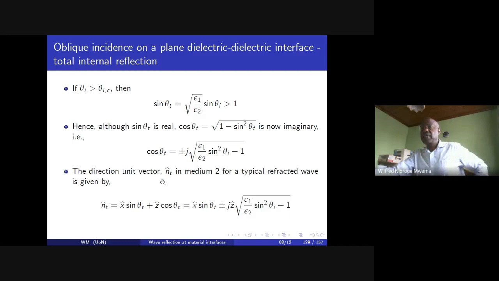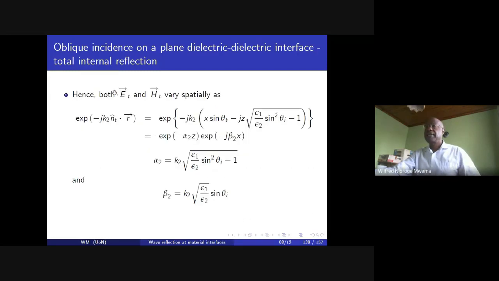Now, the direction unit vector nt in medium 2 for a typical refracted wave will therefore be given by x cap sine theta t plus z cap cos theta t. And if we replace this, we'll get x cap sine theta t plus or minus j z cap multiplied by that value there, where this is the cos theta t we are dealing with.